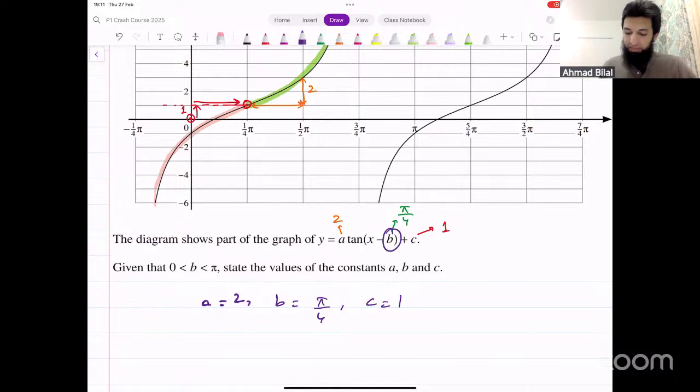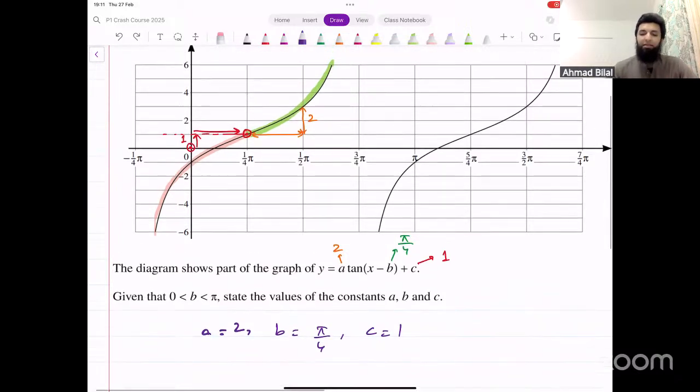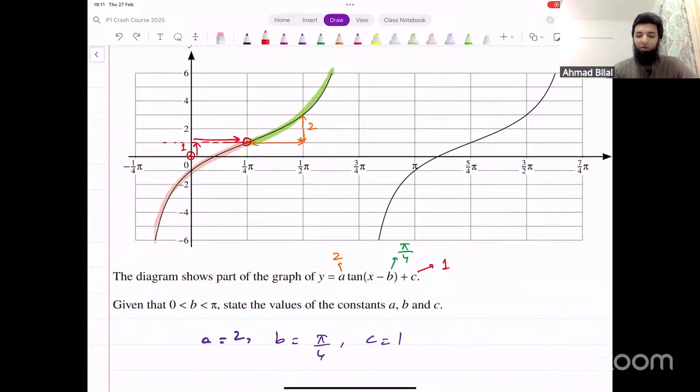b and c were easy to figure out. Another idea could be that you find b and c first, which are easier to figure out. And then you take one random point on the graph. For example, you could take this point here. Take this point, input this point as the values of x and y.